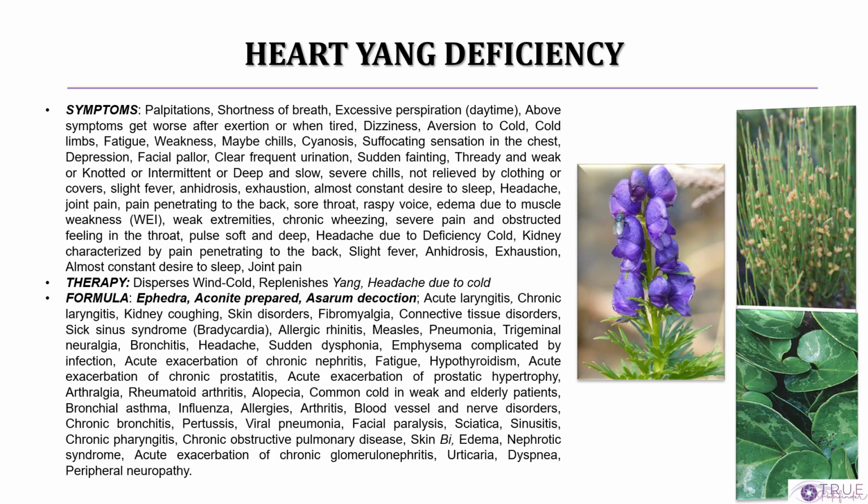headaches, joint pains, pains that penetrate to the back, sore throat, a raspy voice, edemas due to muscle weakness, weak extremities, chronic wheezing, severe pain and obstructed feeling in the throat, a pulse that is soft and deep, headaches due to the deficiency, colds, kidney problems characterized by pain that penetrates from the back, slight fever, anhidrosis, exhaustion, etc., etc. We want to address the heart yang deficiency to disperse the wind cold and replenish the yang.